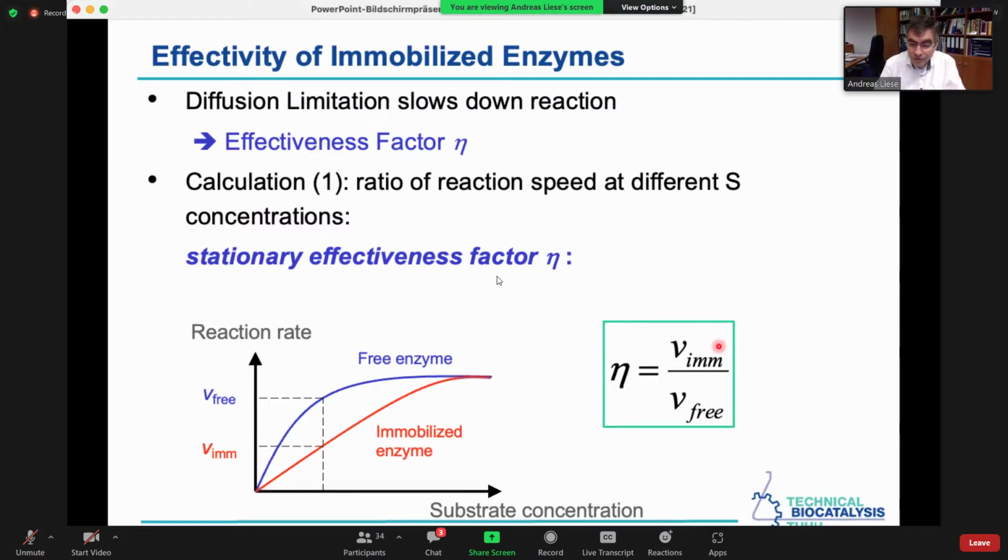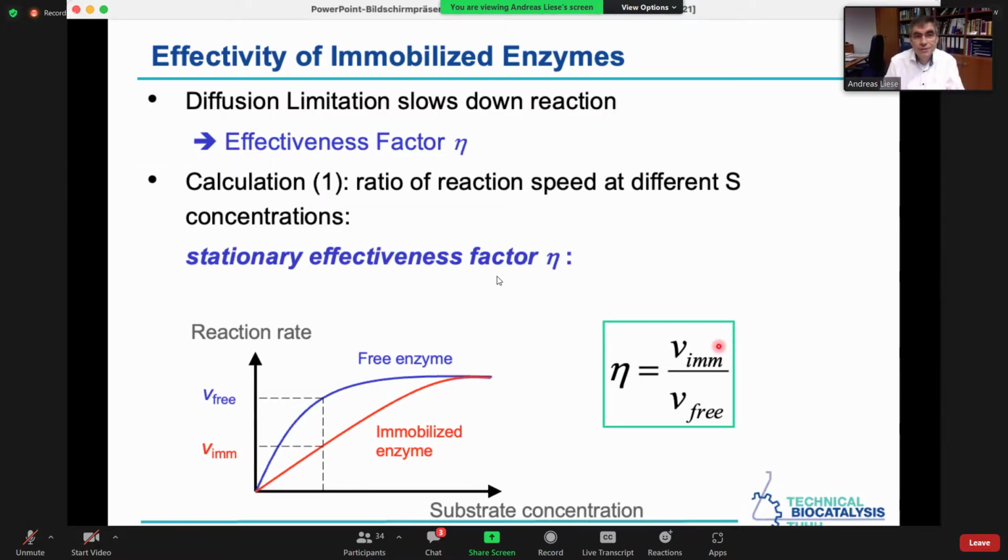So this is a very nice theoretical value. In industry, you don't have time. This would mean you need to carry out kinetic studies. Well, with the free enzyme still reasonable, with the immobilized one under repeatable conditions, that's already a harder one. So in the end, it's a nice theoretical factor, but you won't use it in industry.